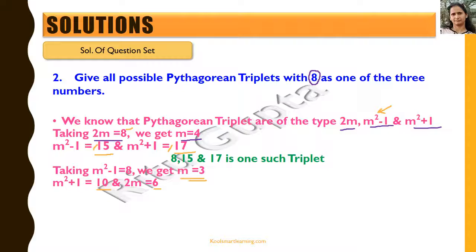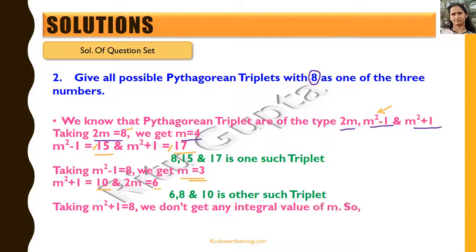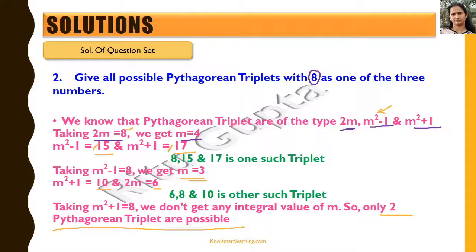So 6, 8 and 10 is the other triplet. Now if we take m square plus 1 equal to 8, we don't get any integral value of m. That means we have only two possible Pythagorean triplets with 8 as one of the three numbers.